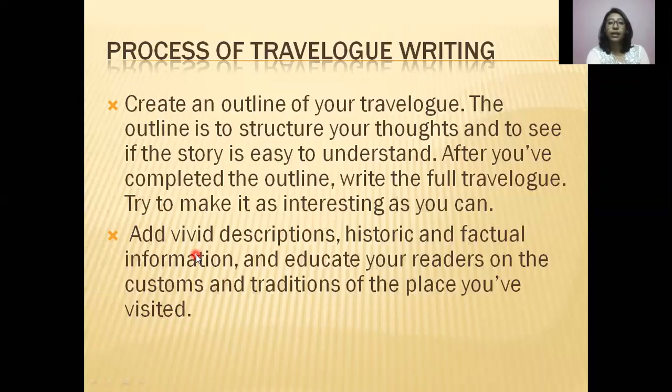After writing the outline, you have to give vivid descriptions about the historical and factual information about the place, so that you can educate your readers on the customs and traditions of the place you have visited. Because our country Nepal is very rich in customs and traditions. We can describe very vividly those customs, traditions, our nature, natural beauty, so that we can attract not only internal tourists, we can attract external tourists as well.